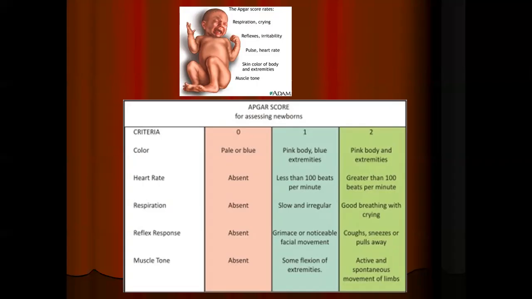So color, if you are checking, if the child's color is pale or blue, or we can say cyanosis, the score is 0.